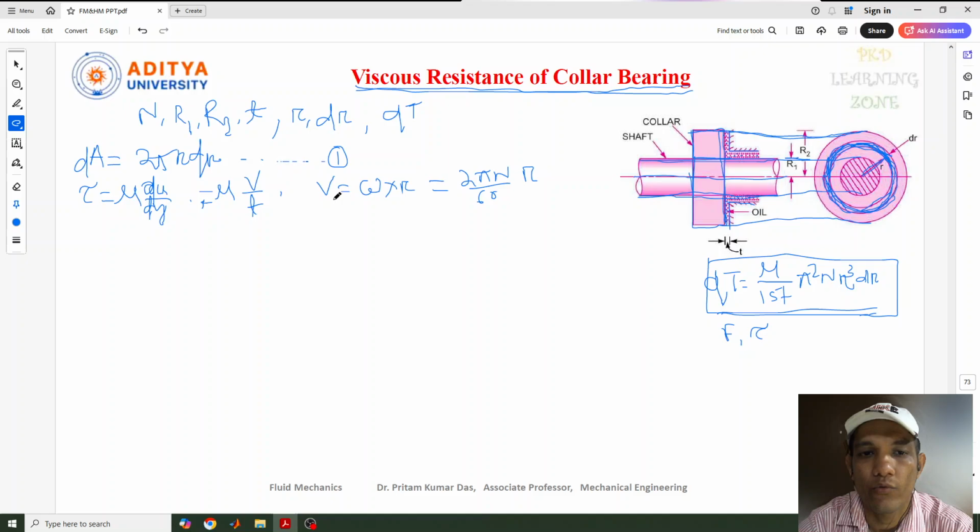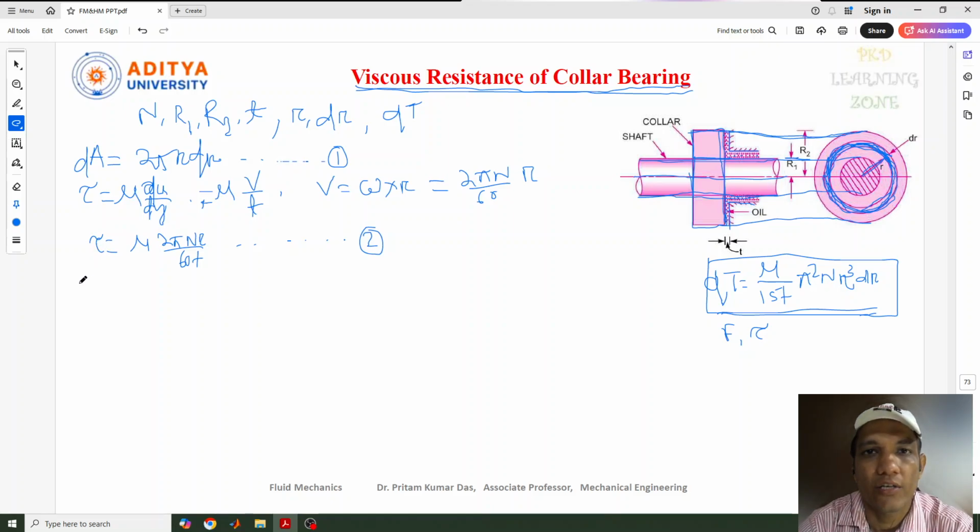Okay, this is the value of V. So just put the value of this V in this equation, so that I can write tau equal to mu into 2 pi N r by 60 into t. So this is the equation of tau. This one we can call equation 2. Now this is about the shear stress.